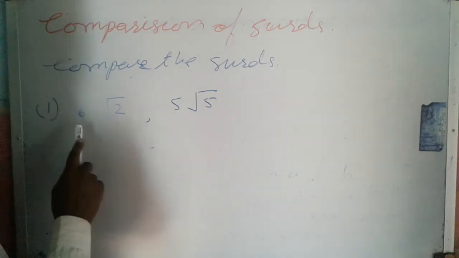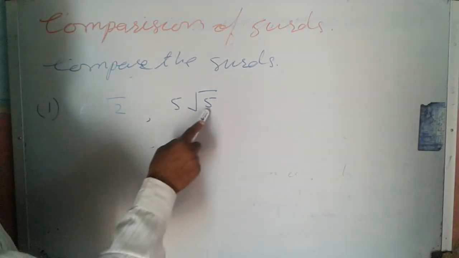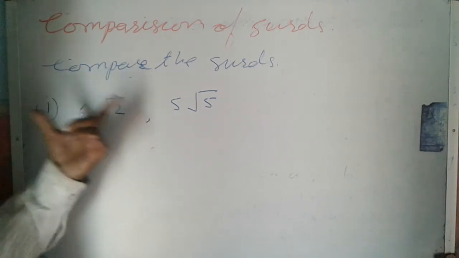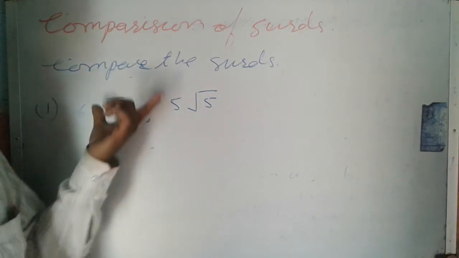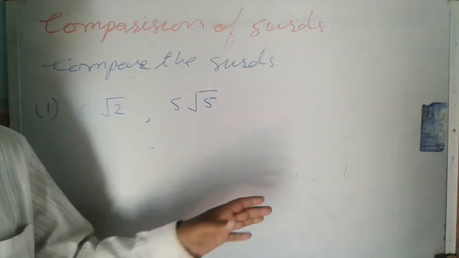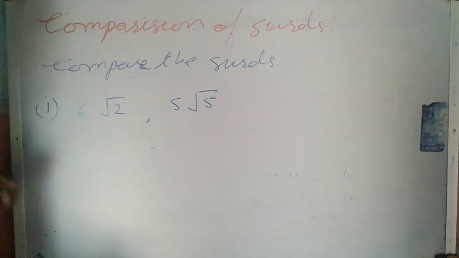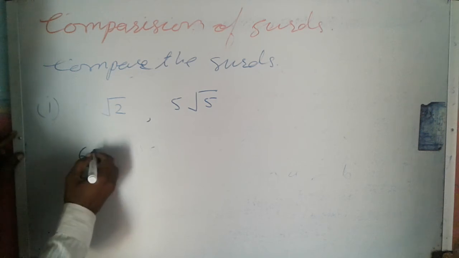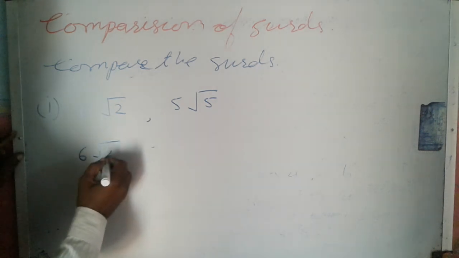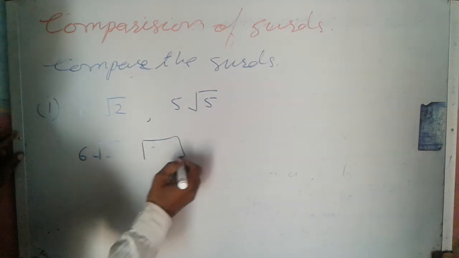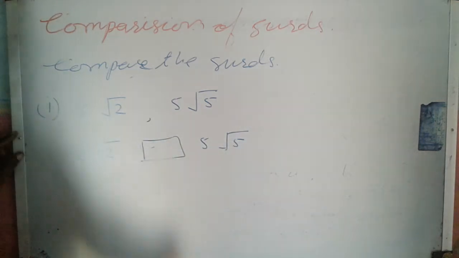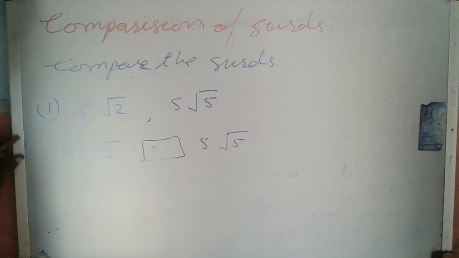These are the two surds, 6 root 2 and 5 root 5. Now we have to compare which surd is less and which surd is greater, or both are equal. So which symbol will be here? We have to compare here.